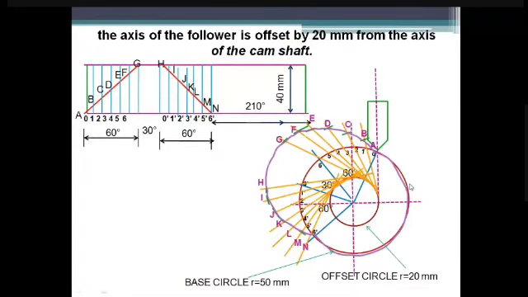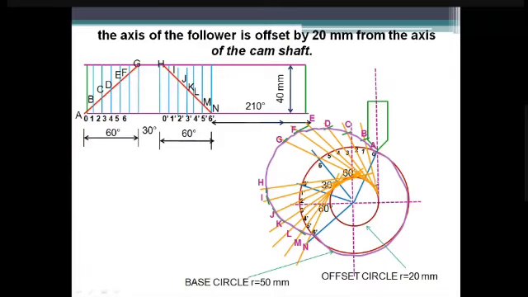The axis of the follower is offset. What about the offset? The axis is not coincident. It is offset away by 20 mm, 15 mm, 18 mm, whatever is given in the data in the problem. So similarly, the remaining arcs are the same, uniform velocity. There is diagonal joining, then lower dwell to higher dwell, rise, dwell, then fall or return, then dwell. These are all common.